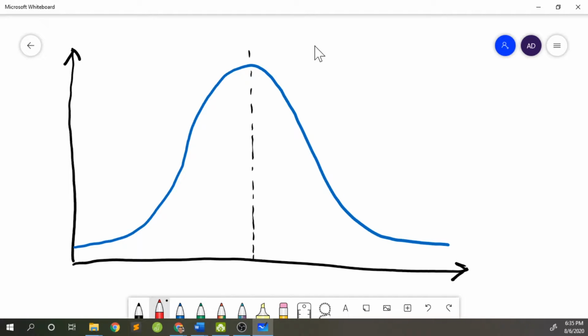So let's imagine the following scenario. Let's say we took a standardized test and we scored a 44 on the verbal and on the math portion we scored a 36.